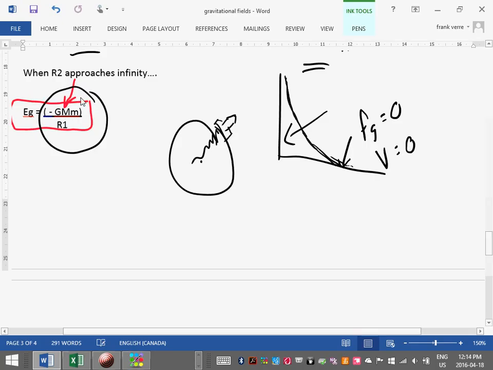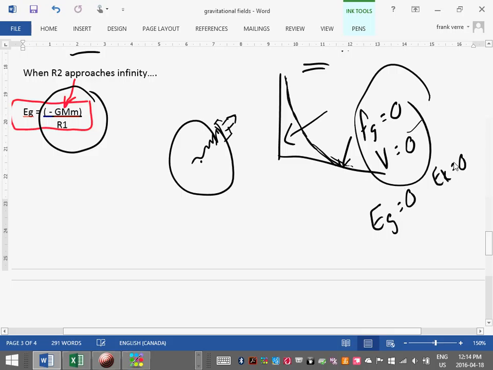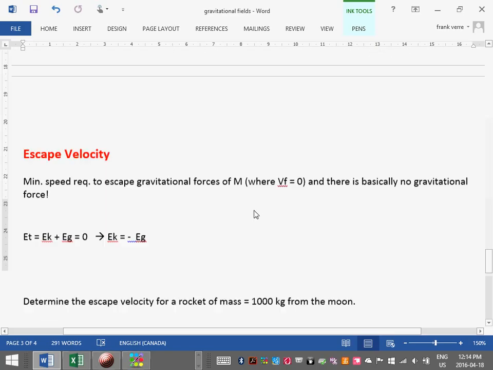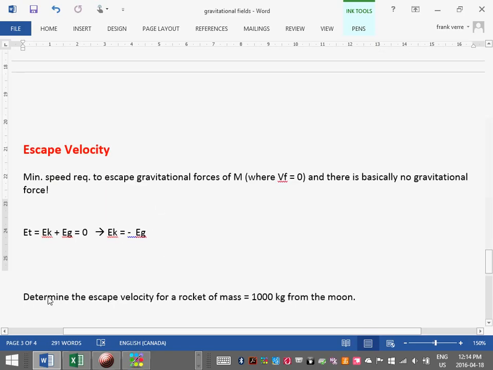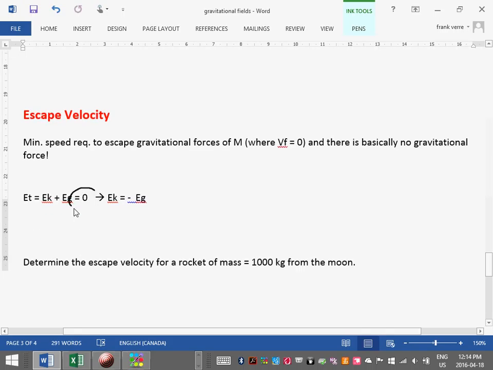This is the amount of energy that the rocket ship has in terms of gravitational potential energy. Out here, it has no energy at all. Out here, Eg is 0, Ek is 0. We're talking about the escape velocity here. At that point, when we escape that gravitational field, there's no more energy.